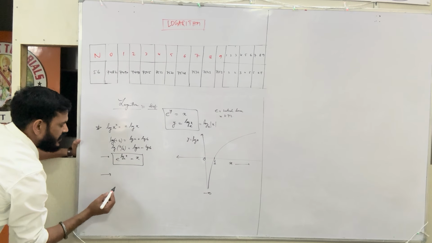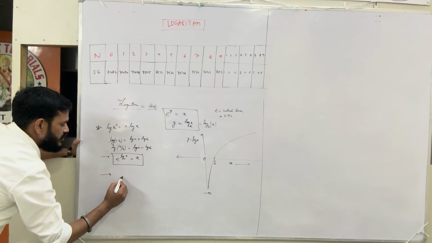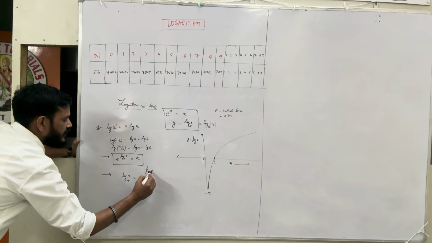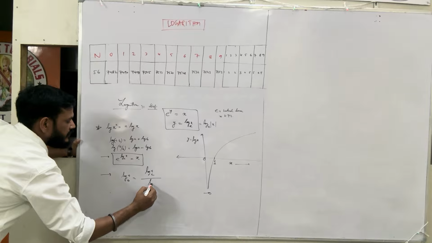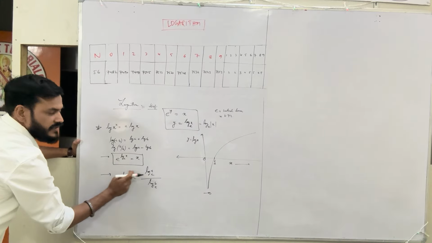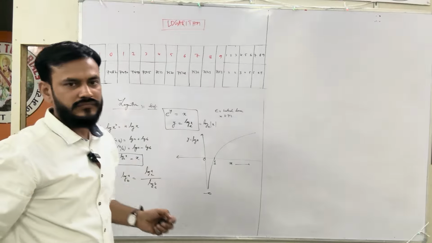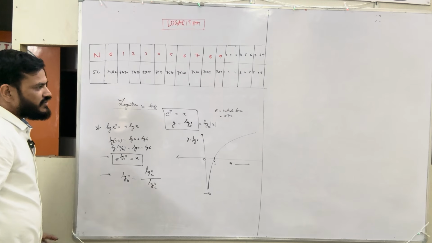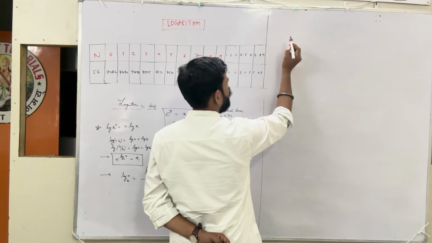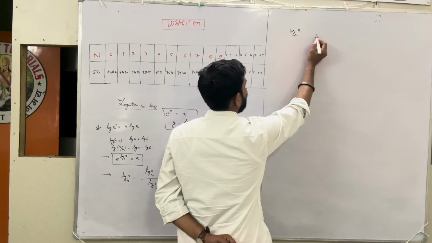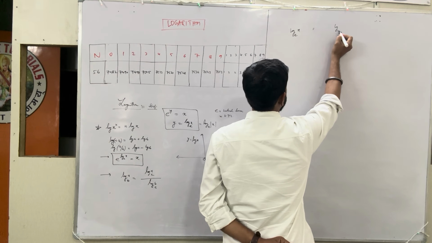Another important property is change of base. Log of a to the base b is equal to log of a to the base c divided by log of b to the base c. So you change the base from b to c. There are two popular logs, with base e and with base 10.